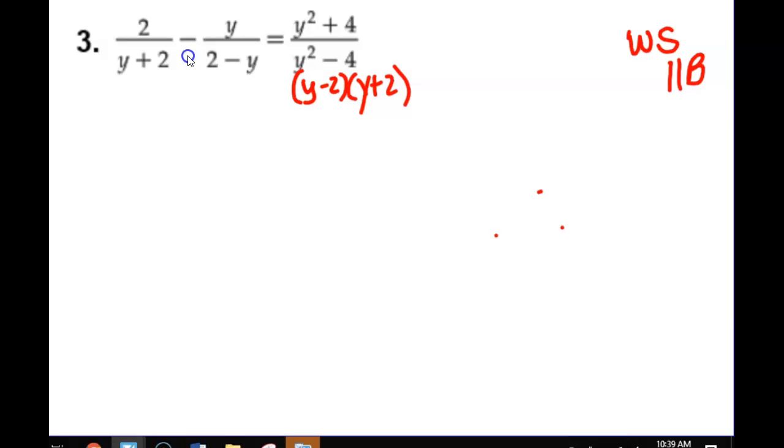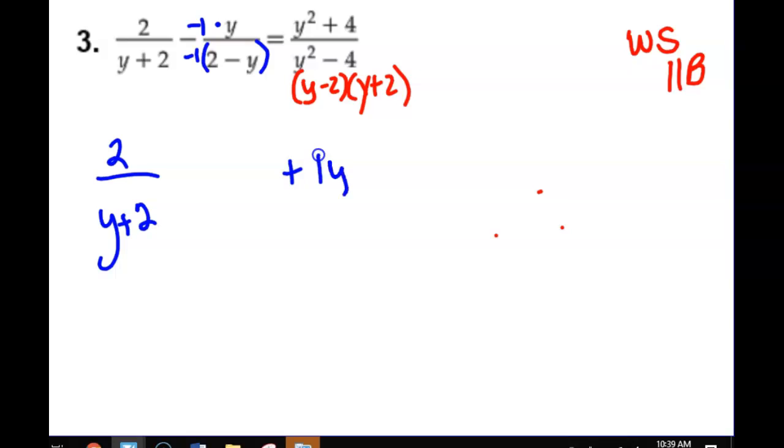Yeah, take out a negative 1 would work, but can't we multiply top and bottom by anything we want? If we multiply the bottom by negative 1 real quick here, and the top, we'll have 2 over a y plus 2. What happens here? Minus a negative y. Minus a negative becomes what?